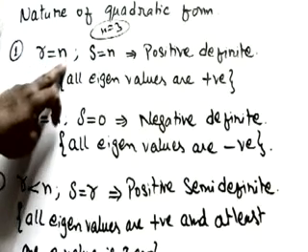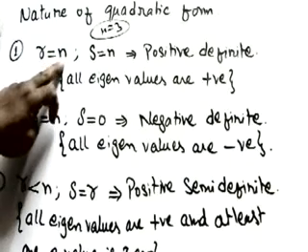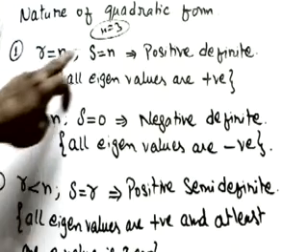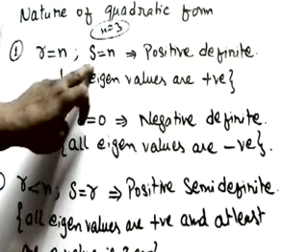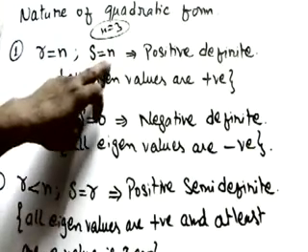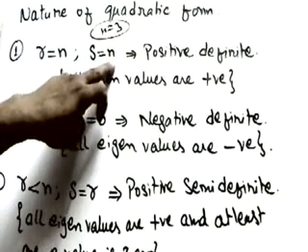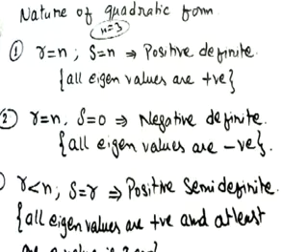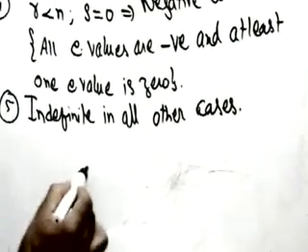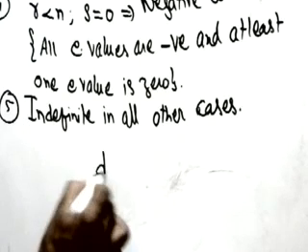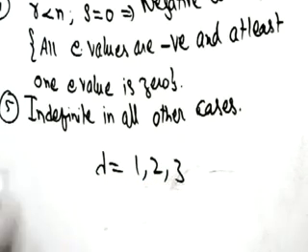Now watch carefully. If rank and number of variables are the same, where r means rank and s means number of positive terms, and s equals n, meaning the number of positive terms equals n, then we say it is positive definite. I'll explain. If all the eigenvalues are positive, suppose we get lambda values 1, 2, 3, all positive, then we say positive definite.